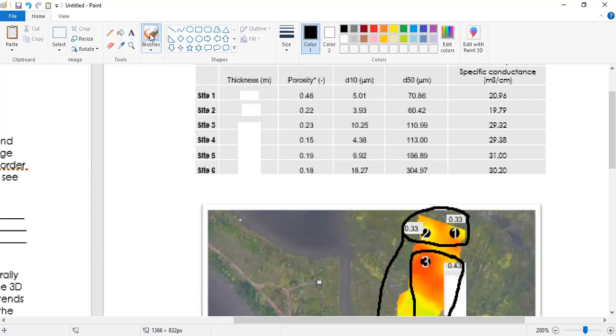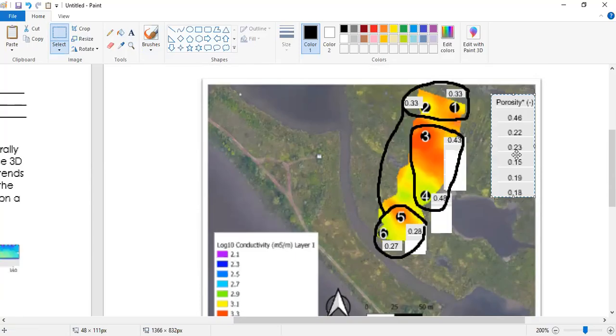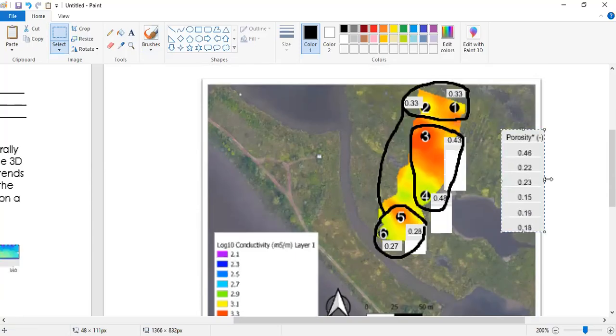Now if I do it with the porosity, these ones are the porosity values. Site number 1 has 0.48. Now don't compare the numbers, they are very different units, but I'm just going to look at the 0.48 here, and 0.22 and 0.23 for those two.